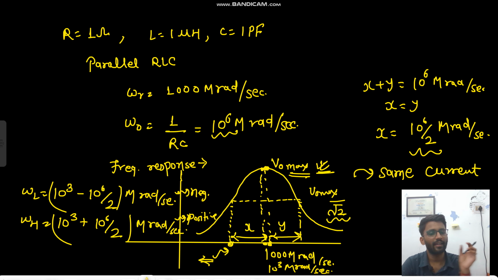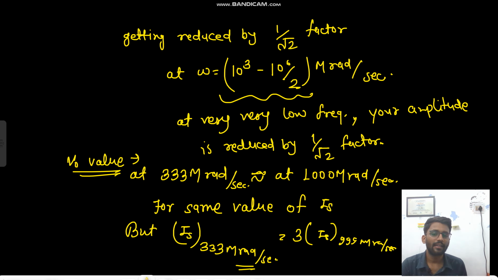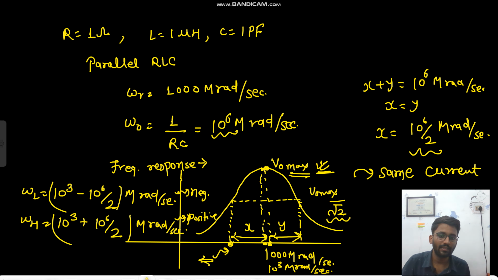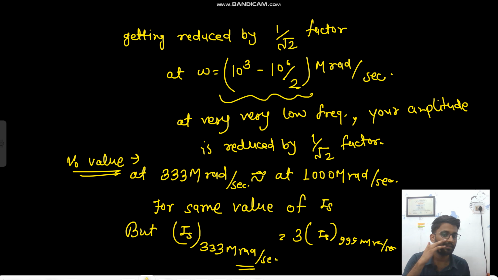But what we see here is that the current at 333 mega radian per second is 3 times larger than the current at 999 mega radian per second. So here V naught is reduced by a negligible margin, but the current is getting increased by 3 times.